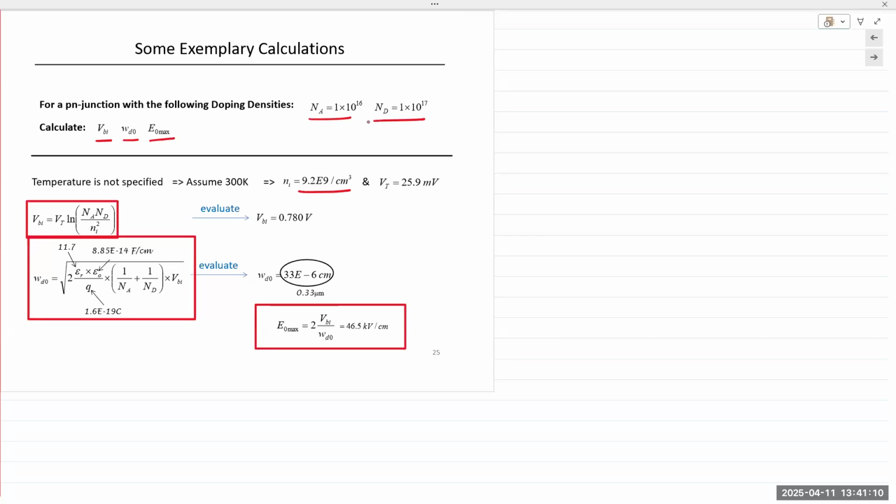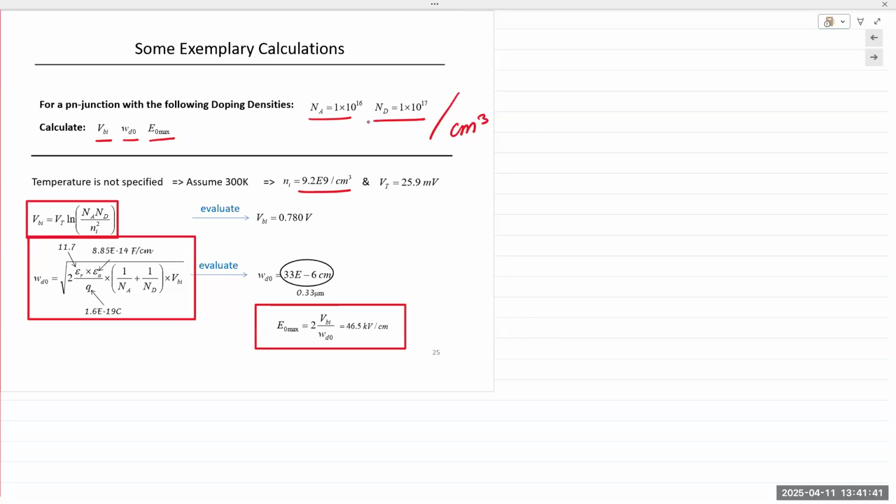So what I'm going to point out are the common errors that occur while we're trying to calculate these. Okay. So NA and ND, right now this is not shown, but it's atoms per centimeter cube. Then when you plug it in here, Ni square will also be in centimeter cube.